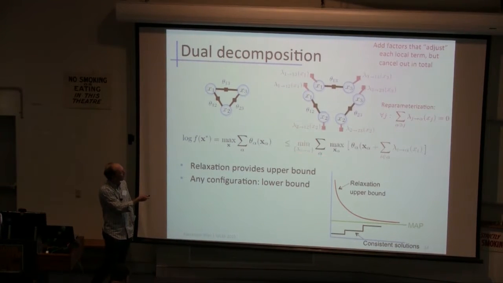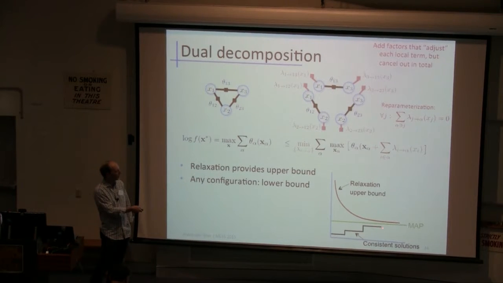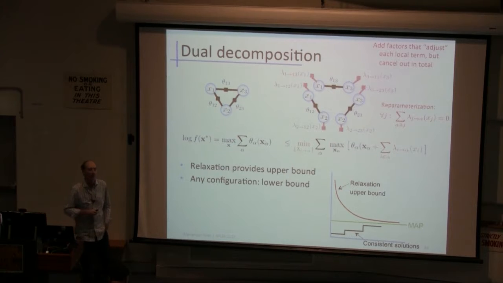So as you optimize this and select configurations, you'll find that you have a lower bound from the configurations that you're finding that's increasing toward the MAP, and you have this upper bound on the MAP, and so you can always get an estimate of your error tolerance between the best value you've found so far and what the possible gap between that and the true optimum is.